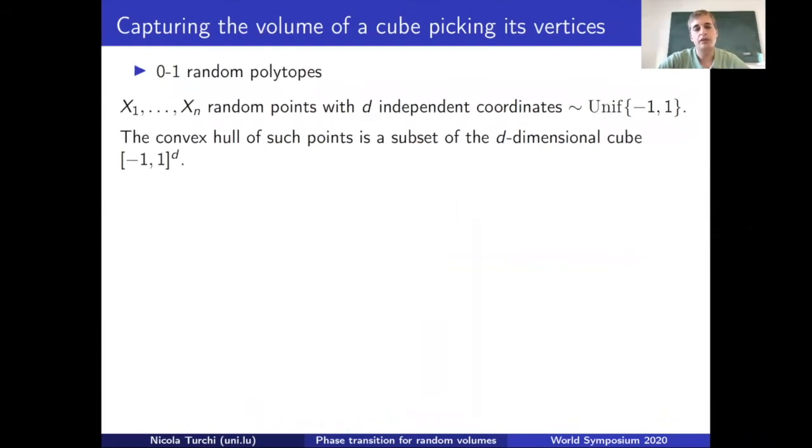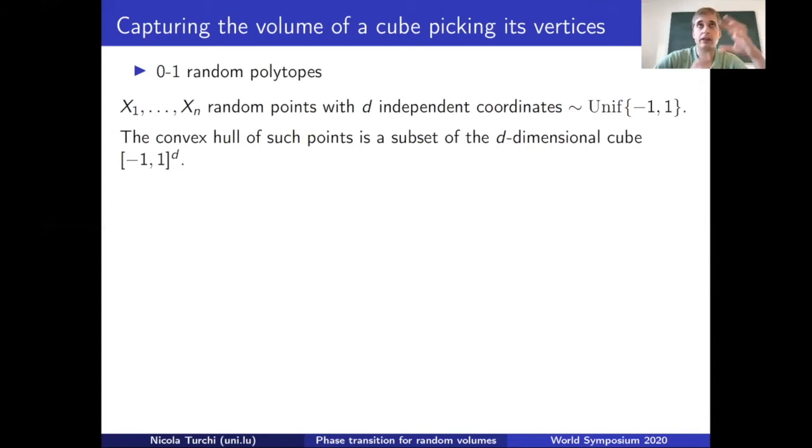So suppose that you choose n points at random in the following way, which is you just choose independently their coordinates, which are in number d, because say we are in R^d. So each coordinate can be 1 or -1 with probability 1/2, and this describes a point that lives on a vertex of a d-dimensional cube.